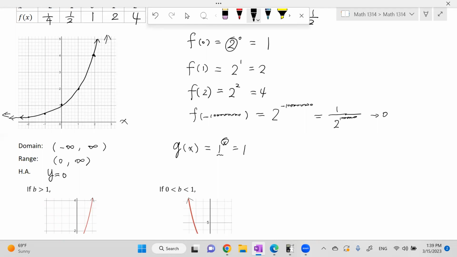That means if the base is 1, it's not an exponential function. Because on this function, I don't care what the x value is, the y value is always 1. So this is not an exponential function. So the base is not 1.